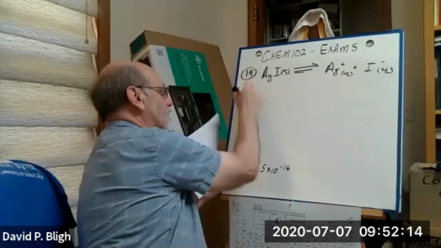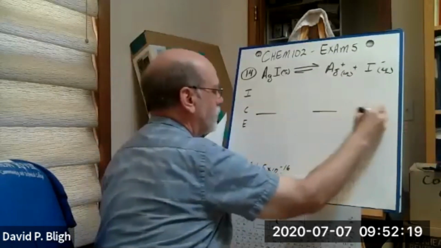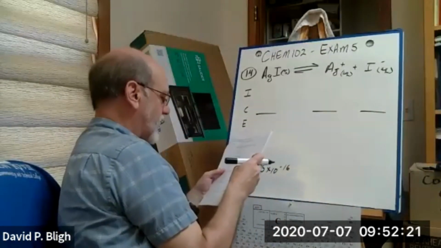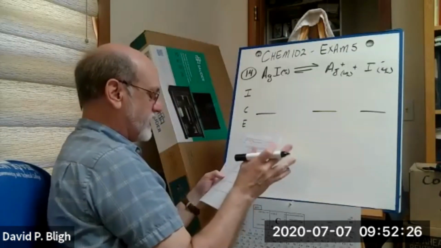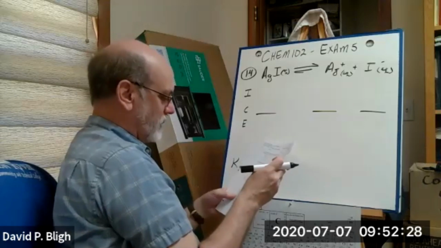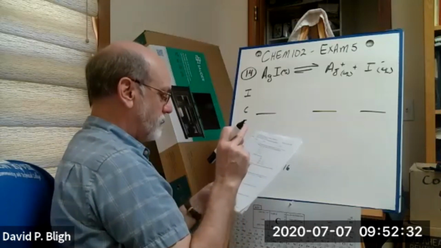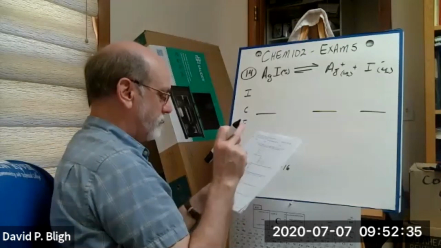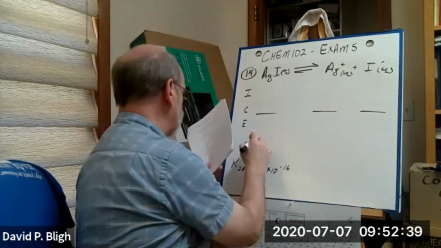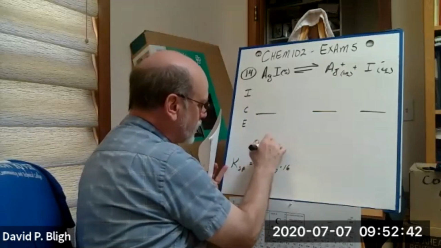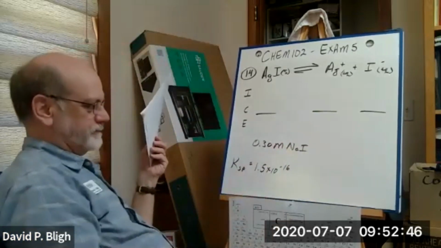Now, initial, change, equilibrium, and we're given the Ksp, plus the initial concentration. Actually, it says that the solution is 0.3 molar sodium iodide.